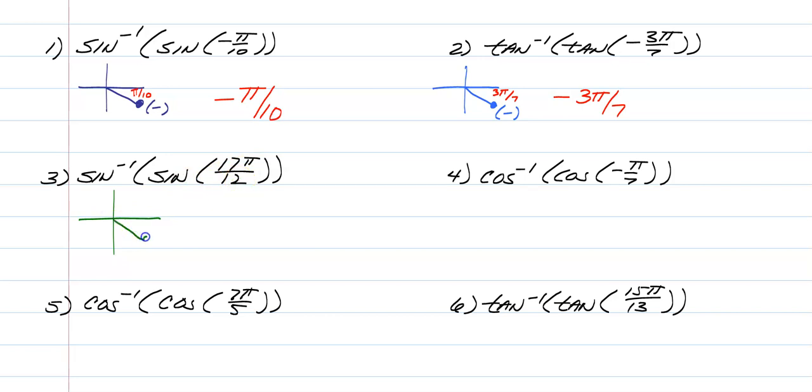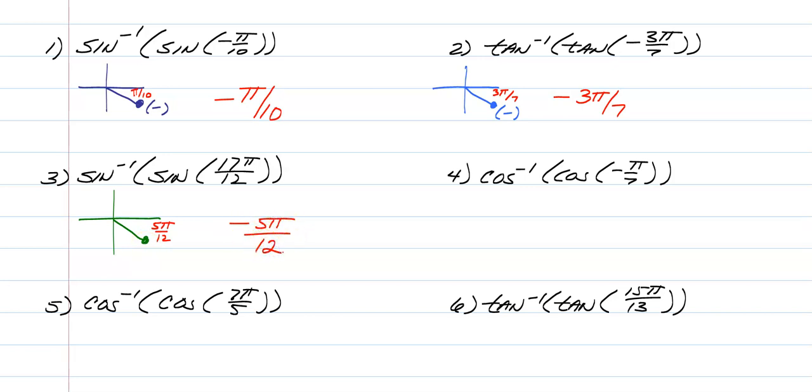So 17 pi over 12 is down here, and that's going to give us a reference angle of, this would be 24 pi over 12, so you have 5 pi over 12. Okay? So, the problem is sine is negative down here, so your answer to this question is negative 5 pi over 12.